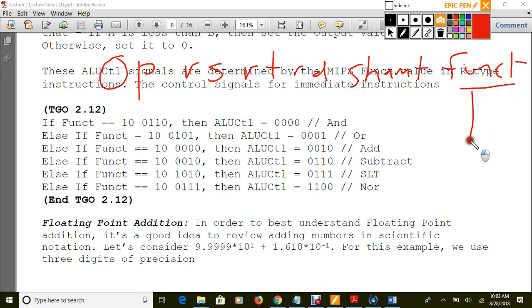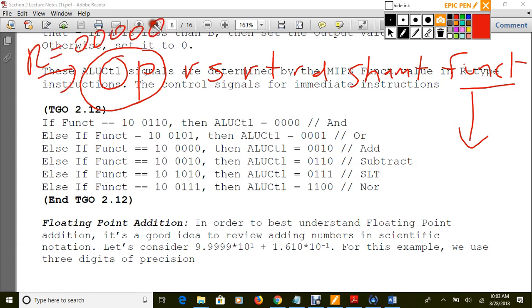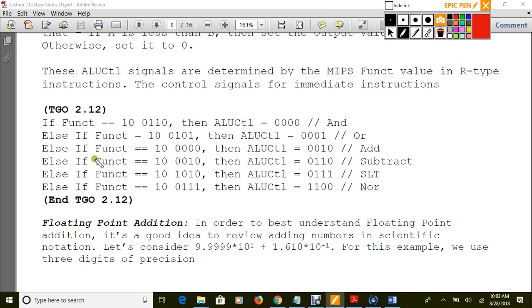So what ends up happening is that this opcode value, if it's an R-type, is going to be all zeros. And then I use this function value to determine whether it's an addition or subtraction. So this function value is sent to what's known as the ALU control unit. So if it's 2, right, 6 hex, then it's going to be AND.